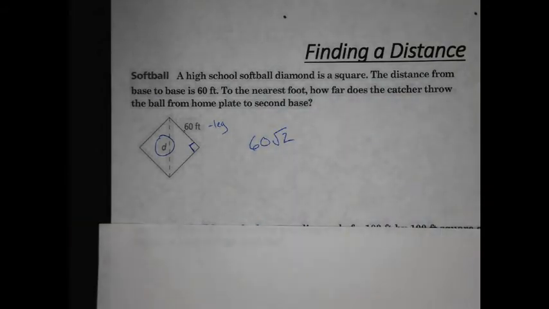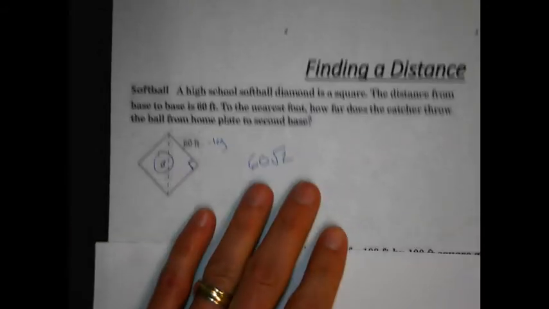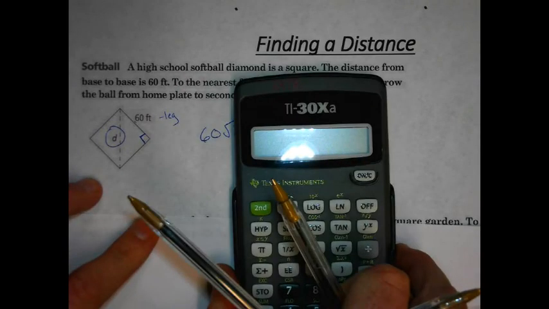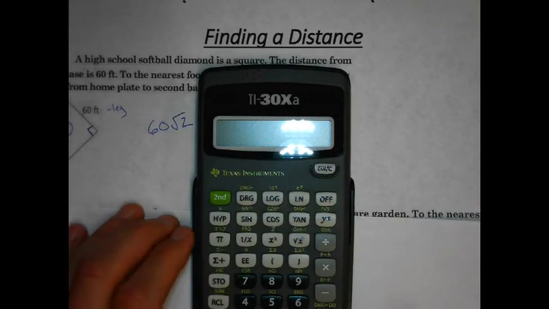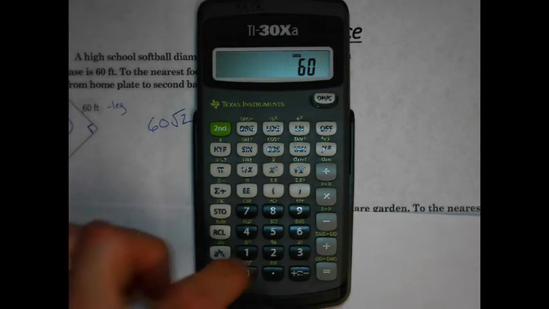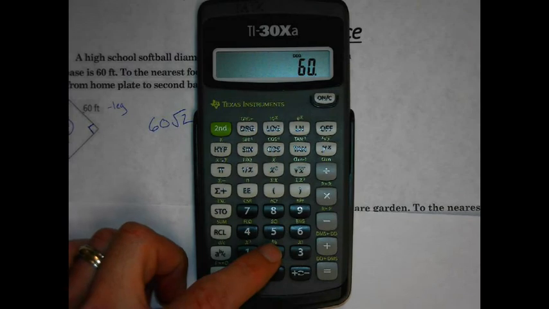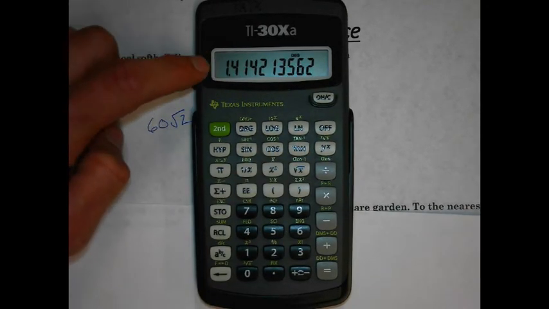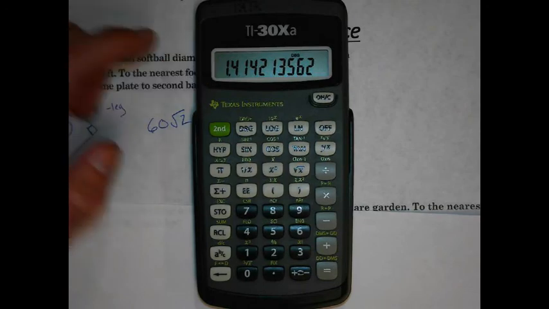But you've got to be careful. It said to the nearest foot. So what do? We use a handy-dandy calculator. We'll take 60 times the square root of 2. By the way, most skilled laborers know this number, 1.4.